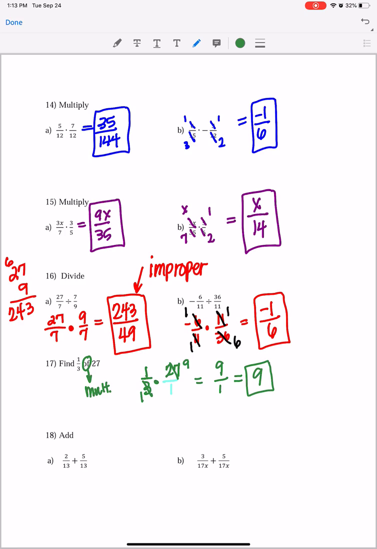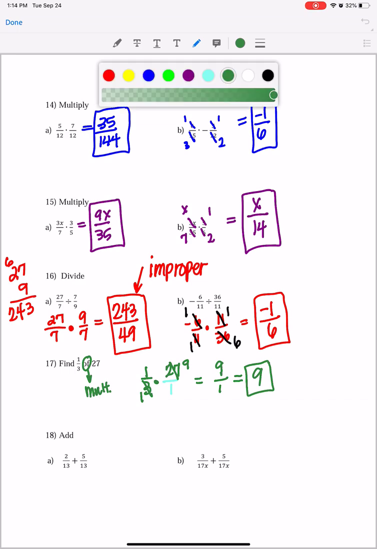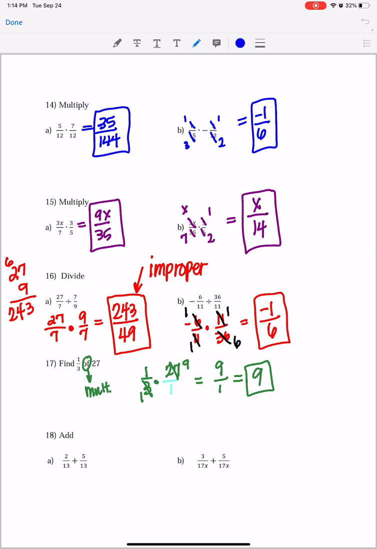Okay, on 18, we're adding. When you add, you got to make sure you have like fractions. So here, do I have like fractions? Yes, I do. Why are these like fractions? And we can even look at B as well.